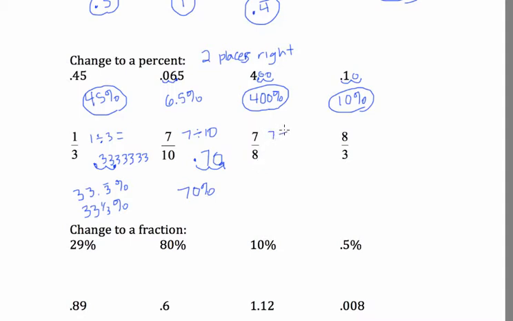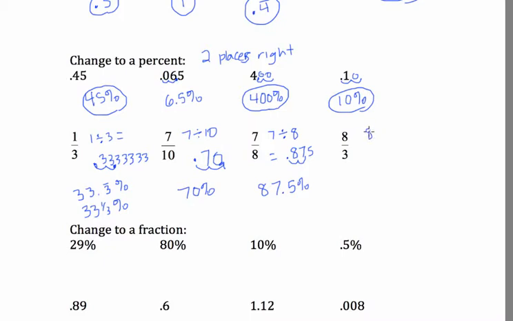7/8. Remember, this is not an improper fraction. I should get a number less than 1 here. 7 divided by 8 is 0.875. Change it to a percent by moving your decimal place 2 places. 87.5%. So 7/8 is the same as 87.5%. 8/3. It's an improper fraction.